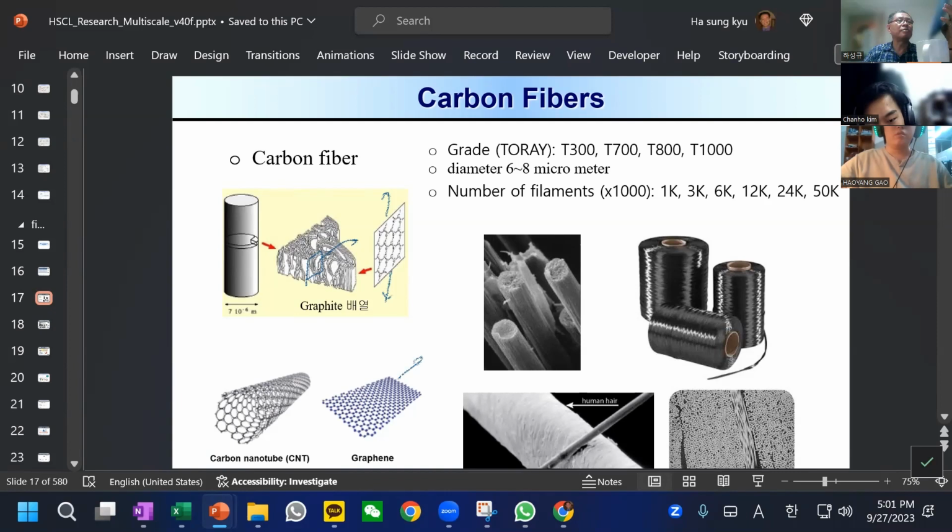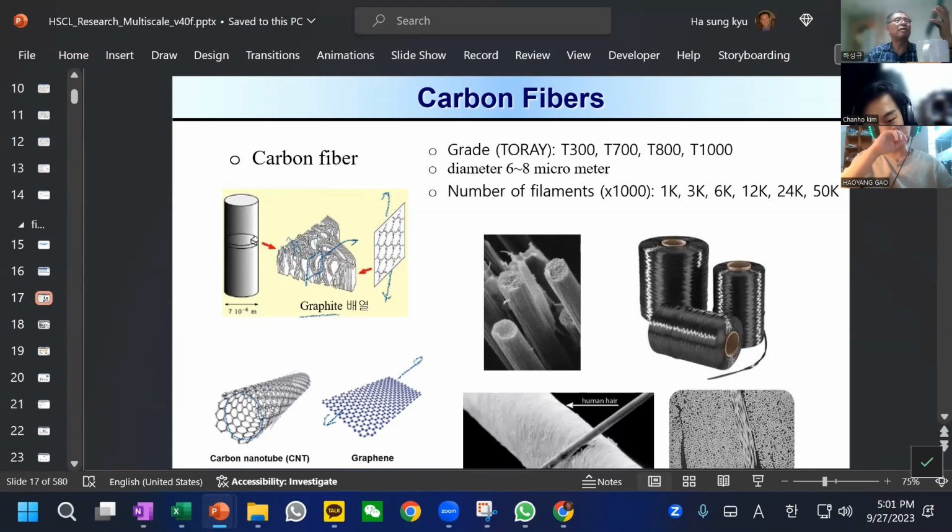You heard many times of graphene. Graphene is like a flat type, and the carbon nanotube, the CNT, is like the cylindrical shape. That's the only difference. Now, graphite means that we have multiple layers of the graphene. You can easily imagine like that, and you can imagine how many layers like that.